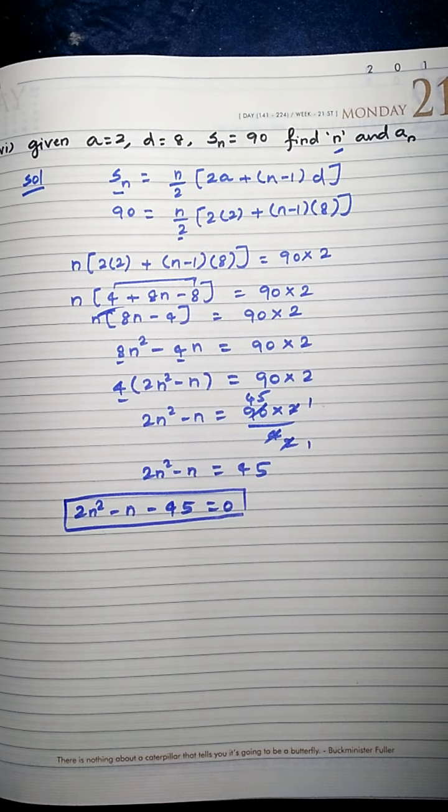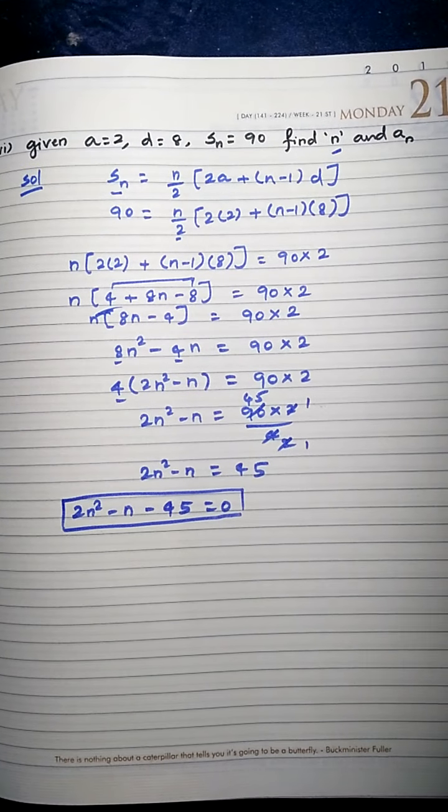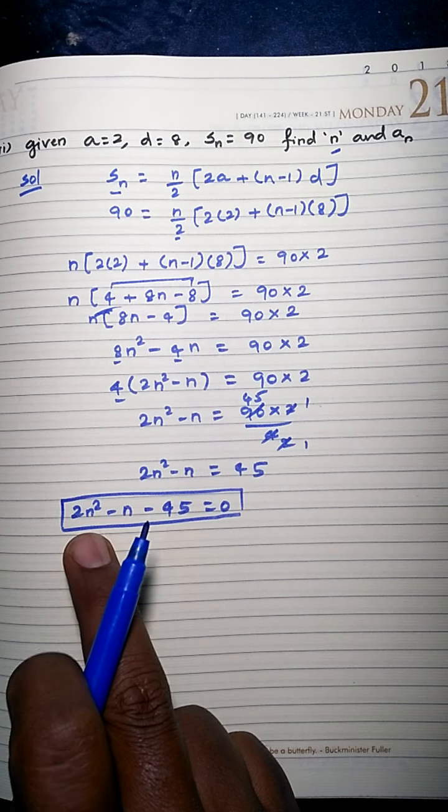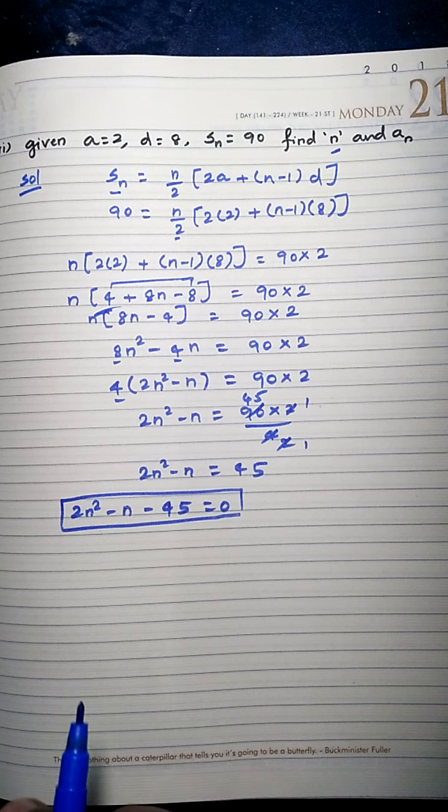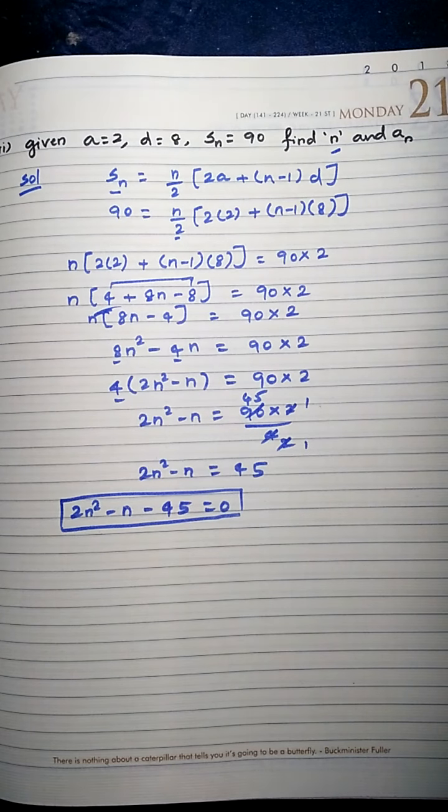Since you know how to find out the roots for the quadratic equation, instead of x we have here n, that's all. Okay, so let's apply splitting the middle term or quadratic formula to find out the roots.